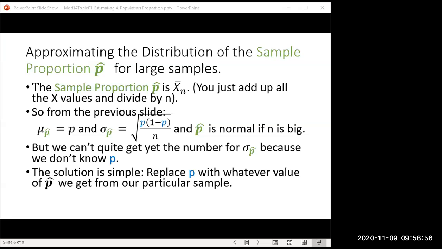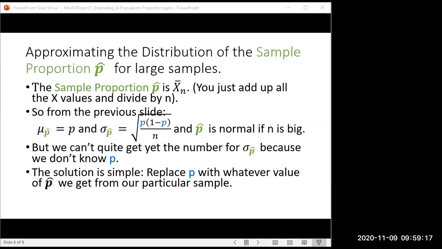Well, the standard practice is to replace the p with the p hat. And this is justified.